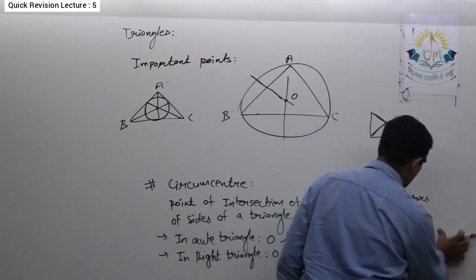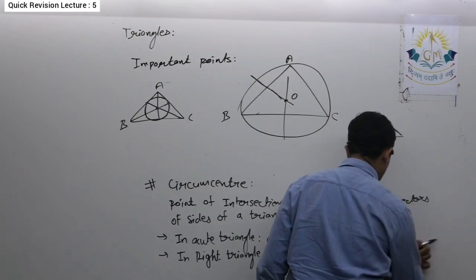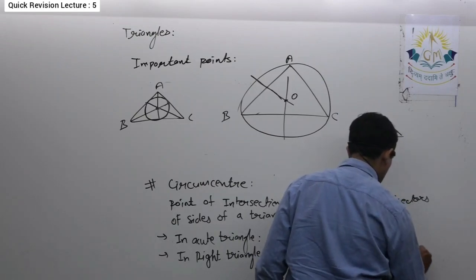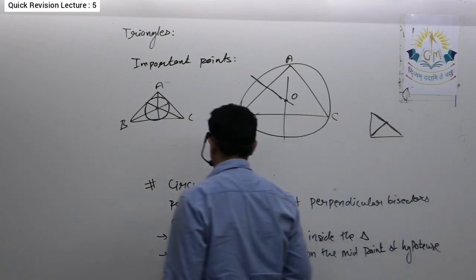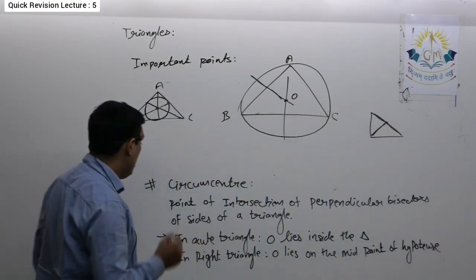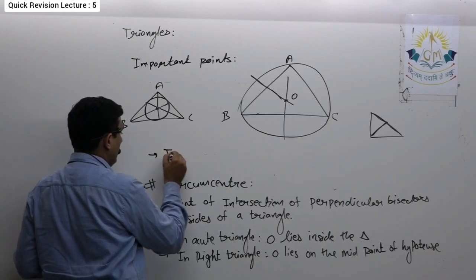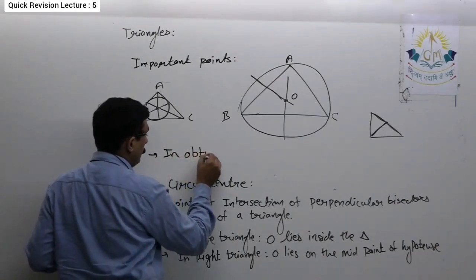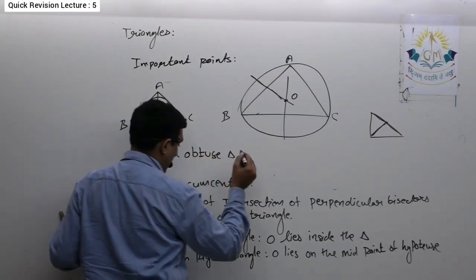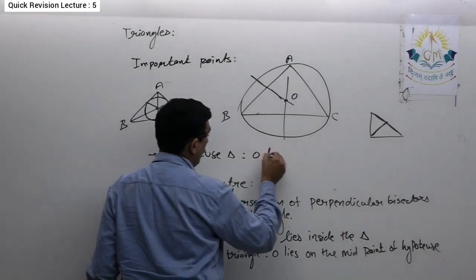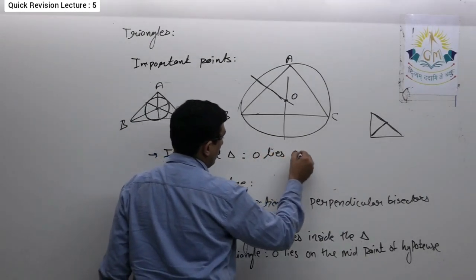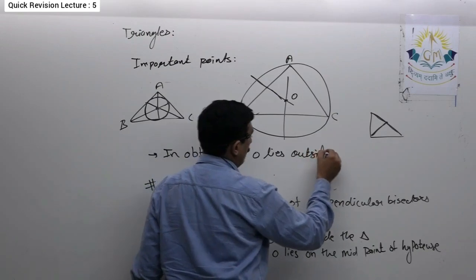And in an obtuse triangle, O lies outside the triangle.